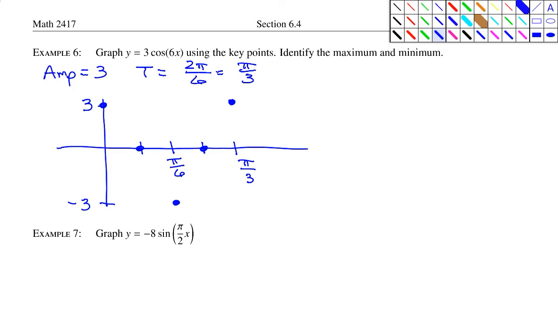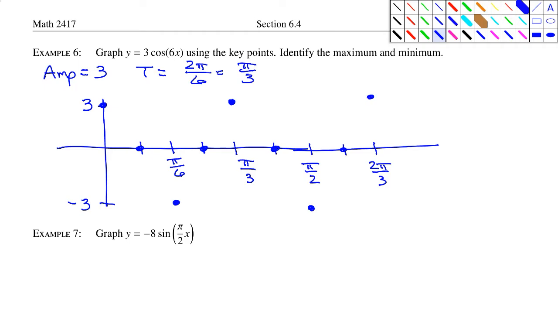And let me extend the line here a little bit. All right. 1, 2, 3, 4. Going out another period would be 2 pi over 3. And the number between pi over 3 and 2 pi over 3 is pi over 2. And then I can continue the cosine curve. A 0, a minimum, a 0, and a maximum.